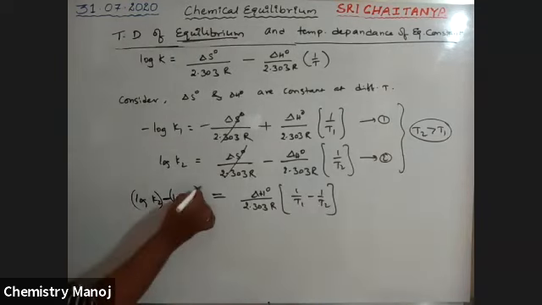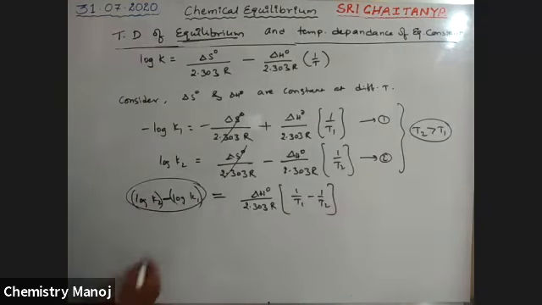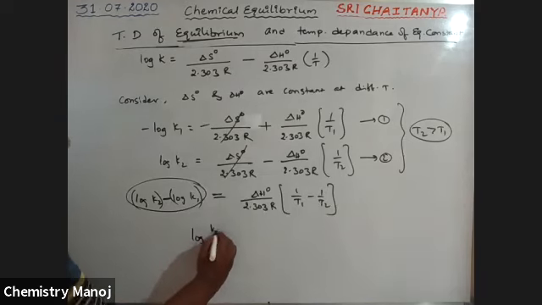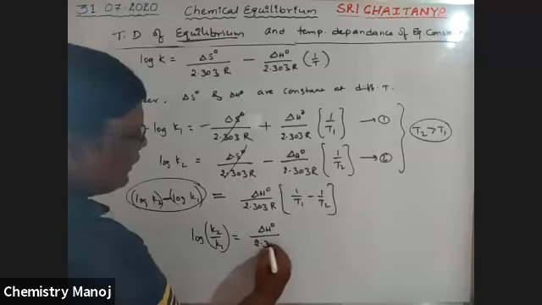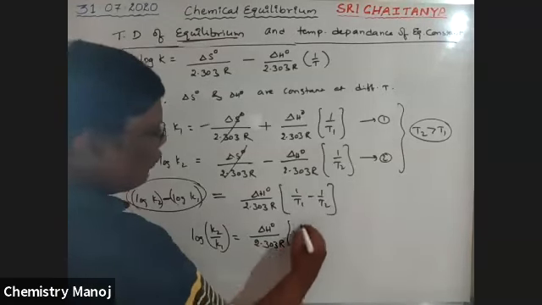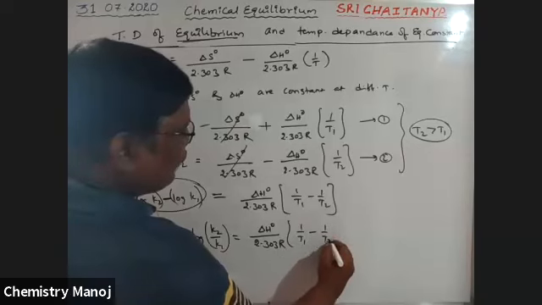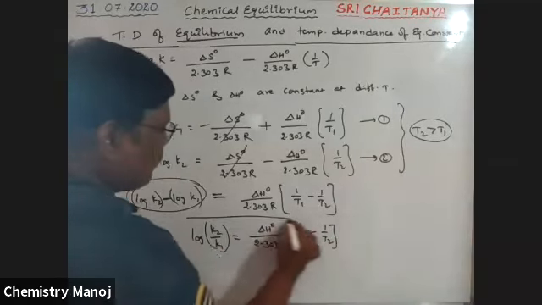So log K2 by K1 is equal to delta H naught by 2.303 R into 1 by T1 minus 1 by T2.